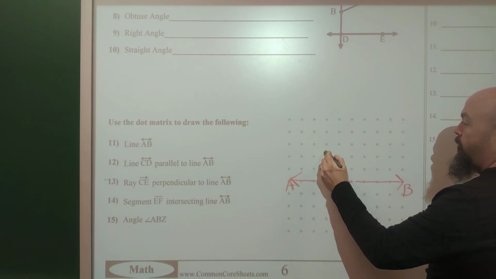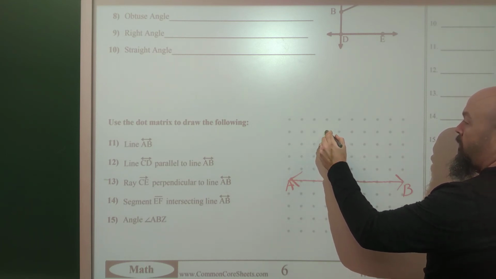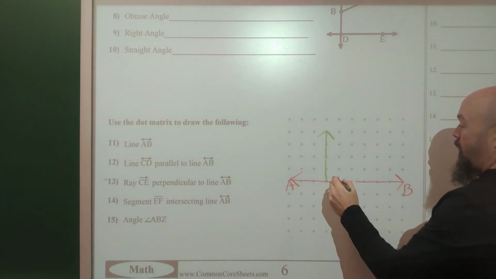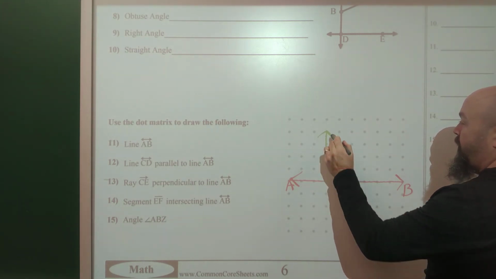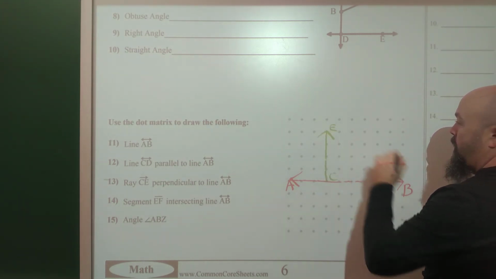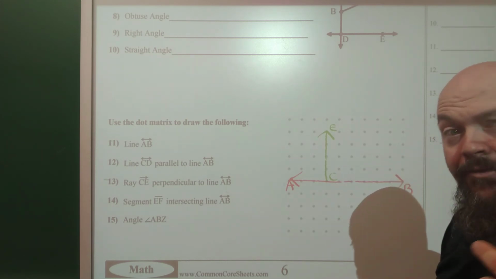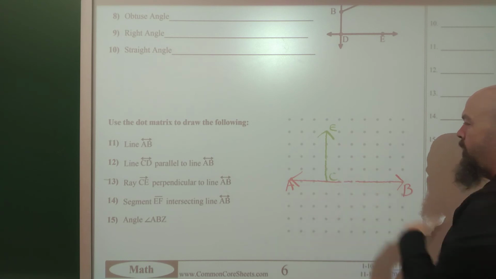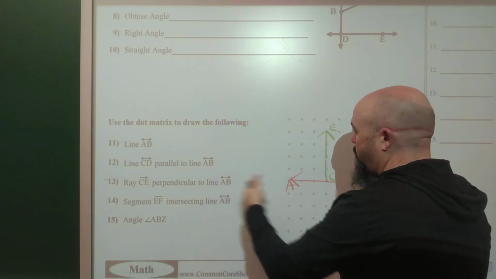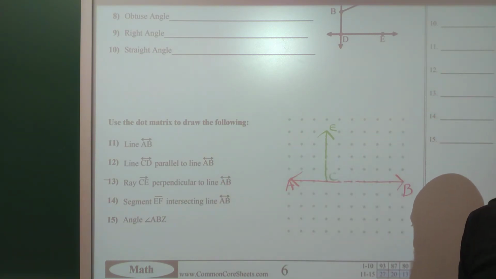I can move it over here. And I have labeled it now CE. So I've created my ray, and it is now perpendicular to my line. And I've not only done problem 13, I've done problem 11.